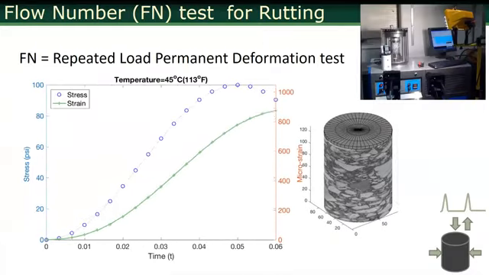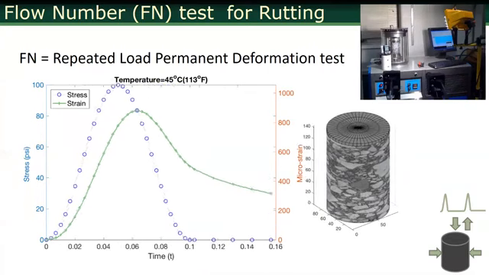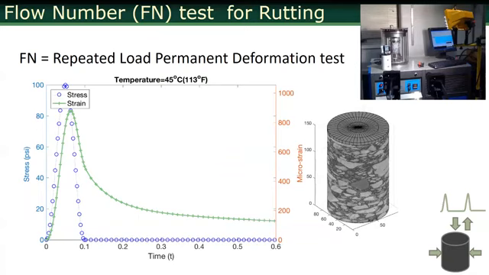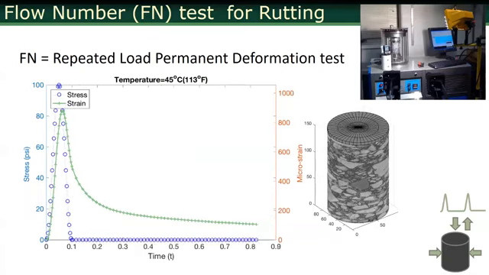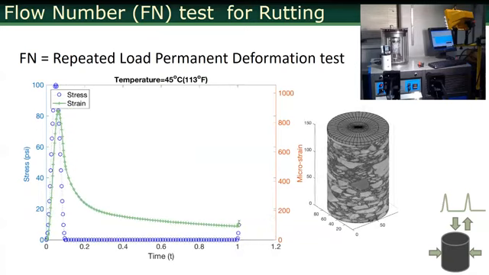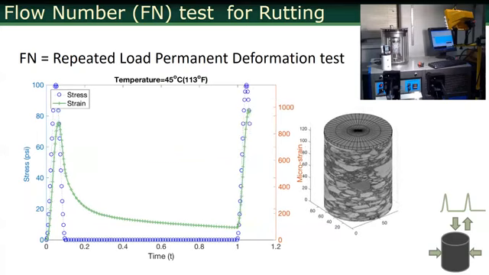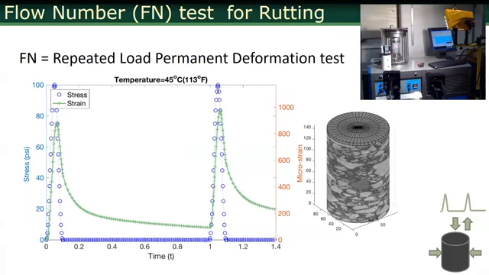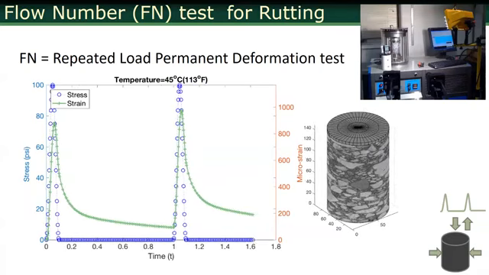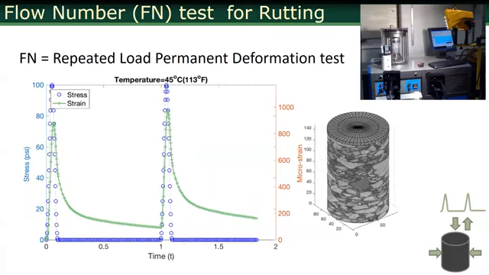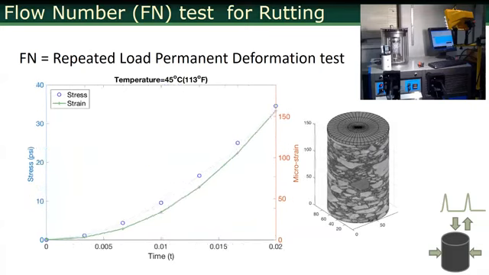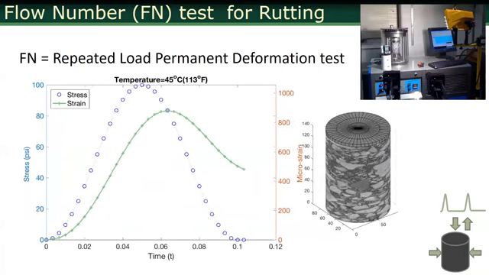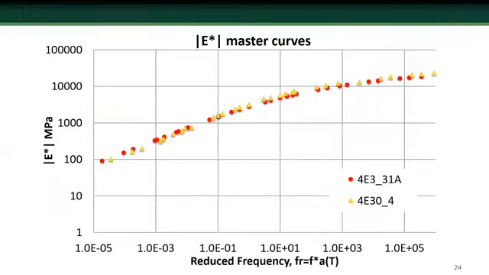For this, we use the repeated load permanent deformation flow number test. In the flow number test, you have a pulse and a rest period, then a pulse and a rest period. It is a 0.1 second pulse, and there's a relaxation period in a sense. At the end of each cycle, there's an accumulated plastic microstrain, and we keep track of it.